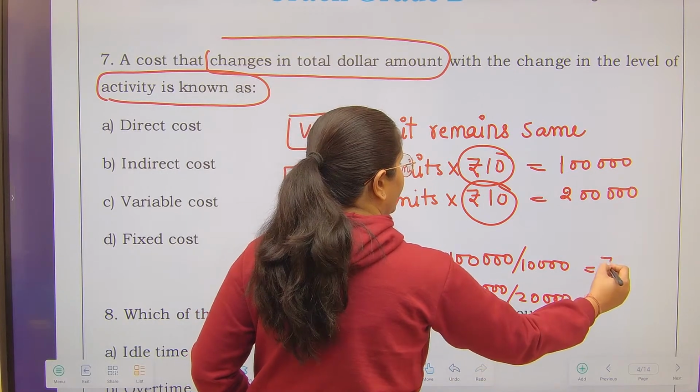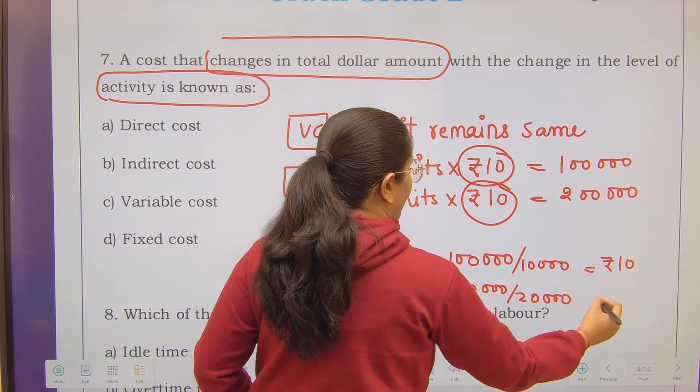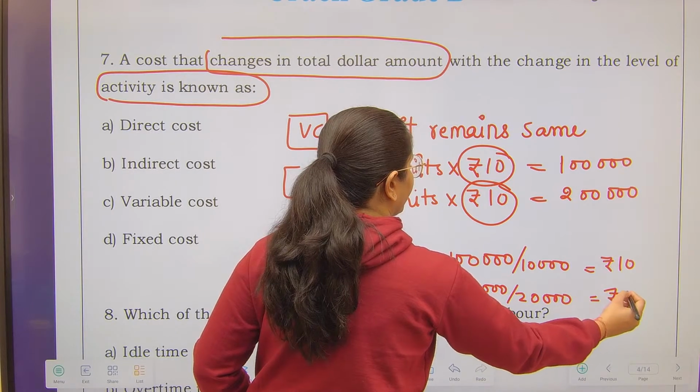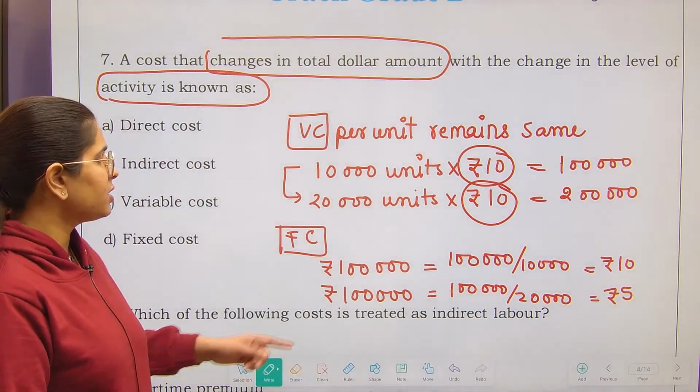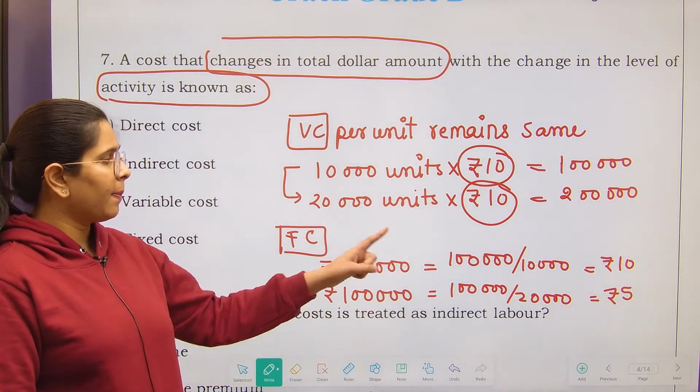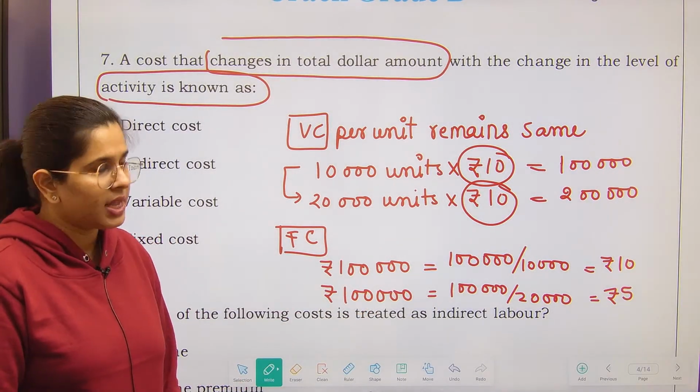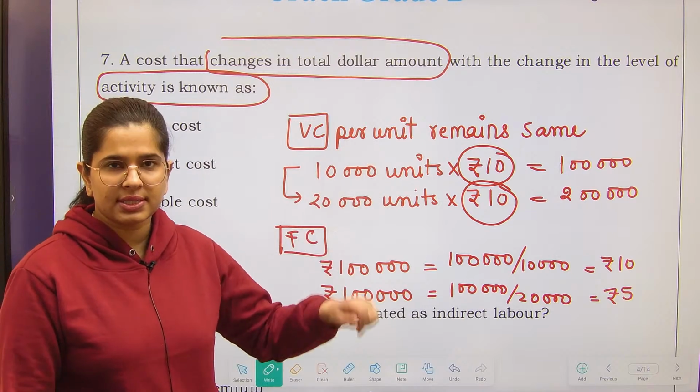Here per unit will be 10 and here per unit will be 5. So fixed cost in total remains the same, but per unit it changes, and for variable cost this is the case.